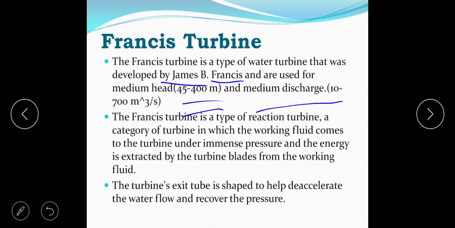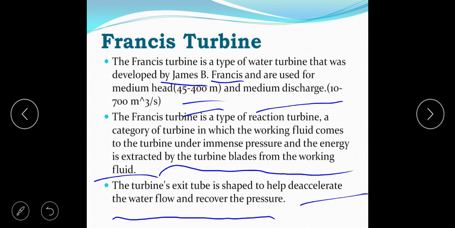The Francis turbine is a type of reaction turbine, a category of turbine in which the working fluid comes to the turbine under immense pressure and the energy is extracted by the turbine blades from the working fluid. The turbine's exit tube is shaped to help decelerate the water flow and recover the pressure. So in order to recover the pressure, the exit tube is shaped to help decelerate the water flow.